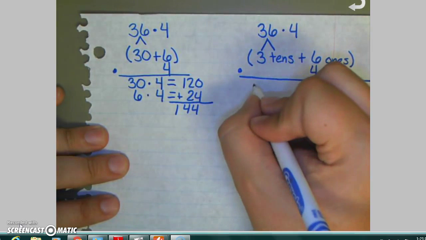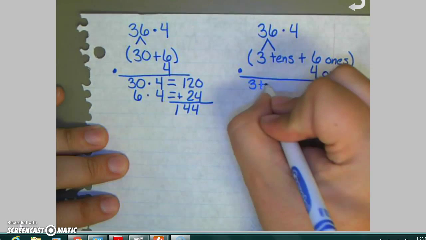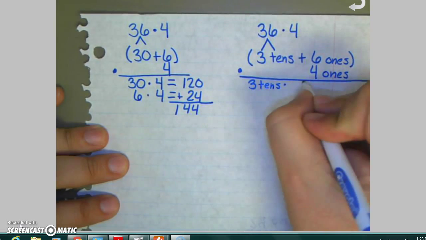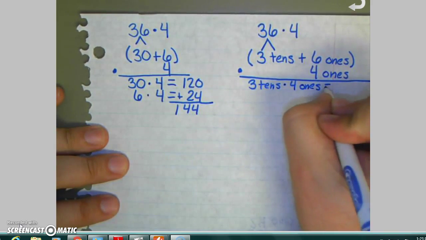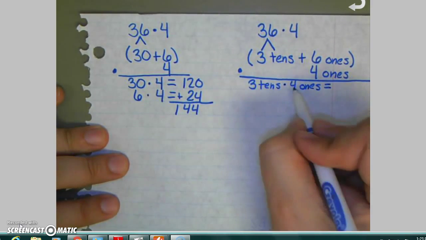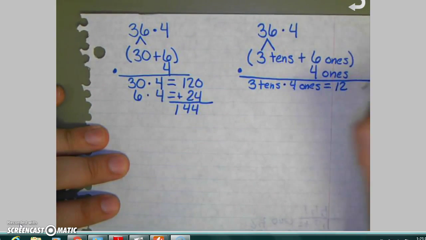So I'd end up getting 3 tens times 4 ones, which equals 3 times 4 is 12, and tens times 1 is tens.